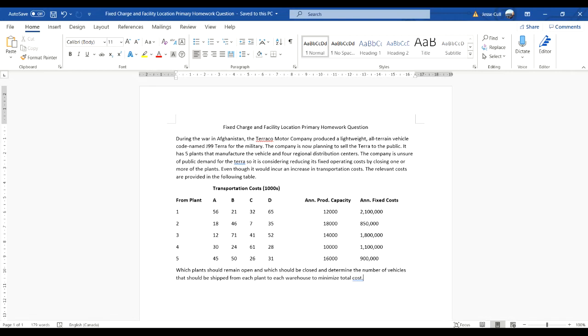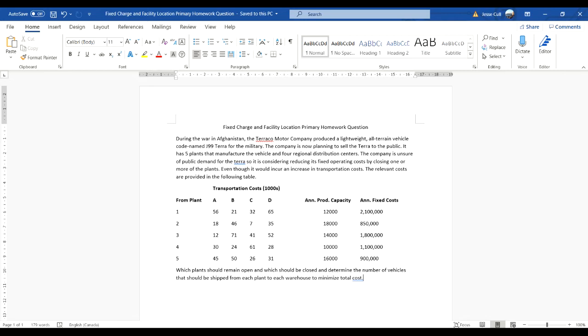During the war in Afghanistan, the Terrico Motor Company produced a lightweight, all-terrain vehicle codenamed J-99 Terra for the military. The company is now planning to sell the Terra to the public. It has 5 plants that manufacture the vehicle and 4 regional distribution centers.